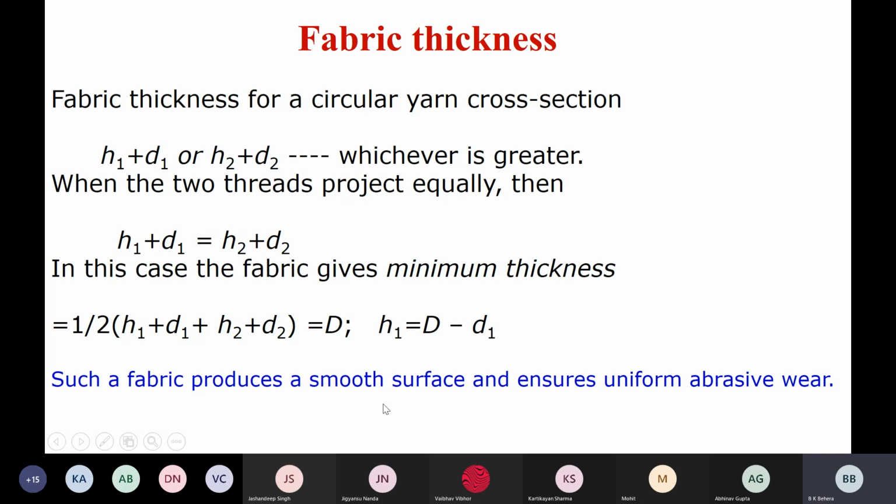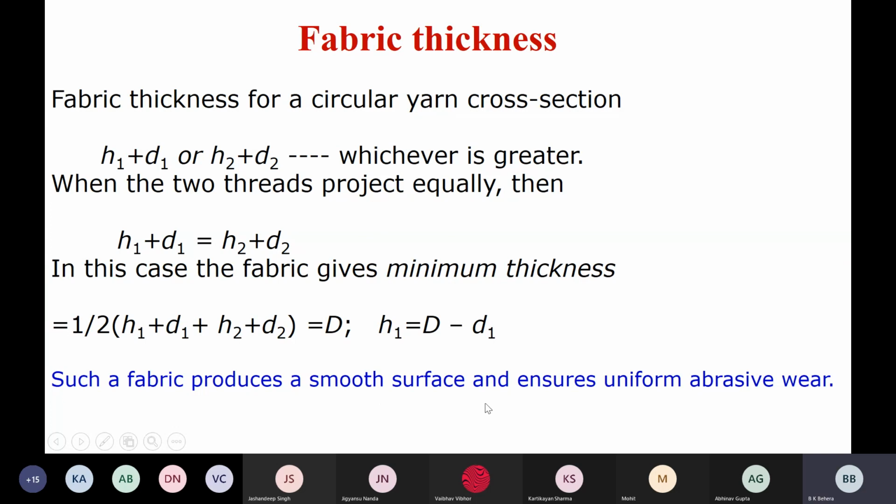So the surface of the fabric is very smooth, and any fabric whose surface is smooth always gives you uniform texture and also minimum or lowest abrasion resistance. If the surface is uneven, abrasion resistance is high.